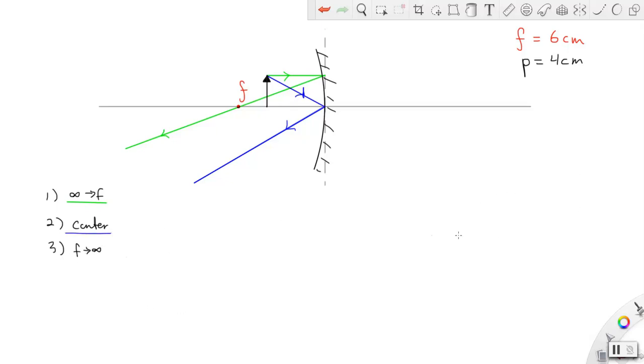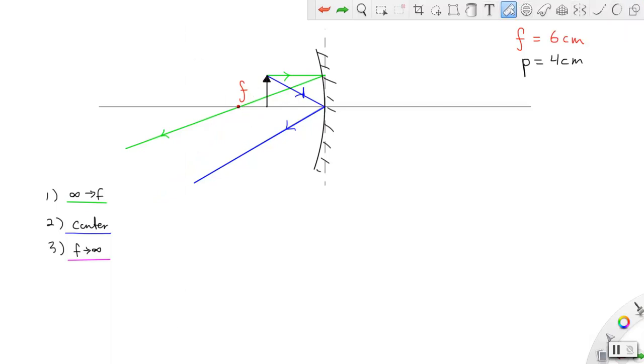Now the final ray is our purple ray. This again is the one where we have to be a little bit careful. So we can't go this way. That's just chaos. It's not helpful. And again, I'd like to remind you that is a real ray that can occur, but it's just not helpful in determining where our image forms, because it never even touches the mirror. So we need one that's going to touch the mirror, but also has to do with this focal point.